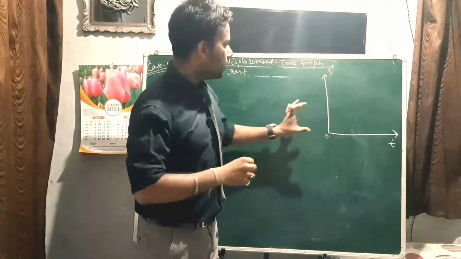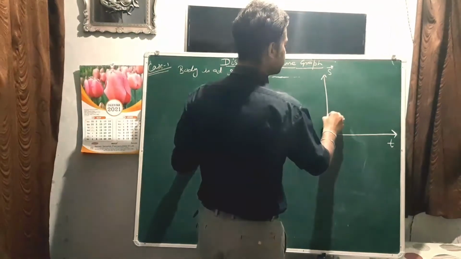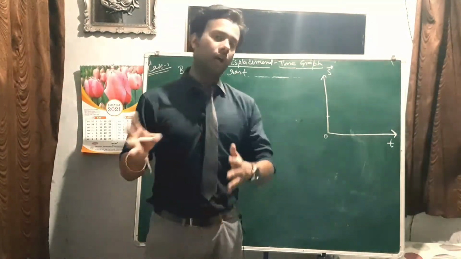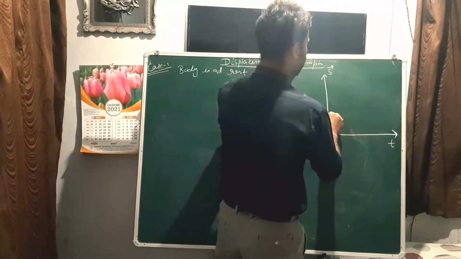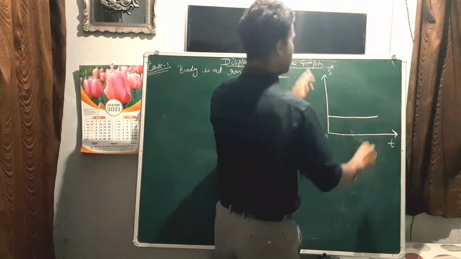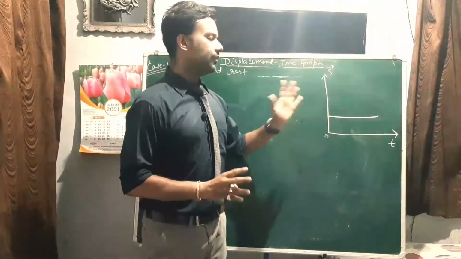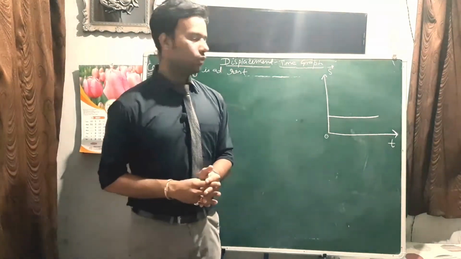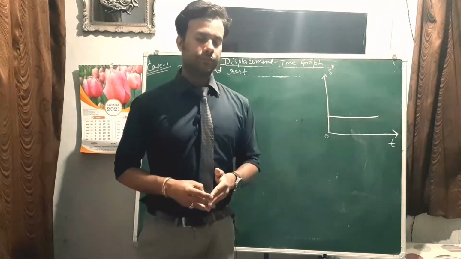That means he covers 10 meters of distance, he reaches here, and as soon as he reaches the roof, now the time has started. So now the time is increasing, but he is not covering any more distance. So the graph will be this. It will be a line parallel to the x-axis, which shows there is no further displacement.